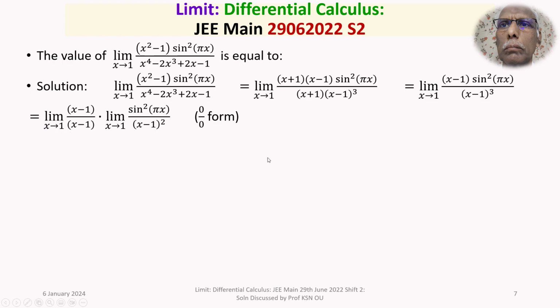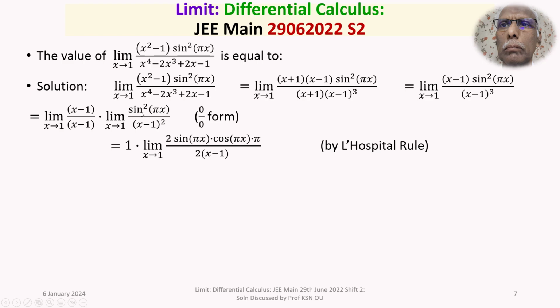And the derivative of the numerator, sine square pi x, is 2 sine pi x into cos pi x into pi, by the derivative of the denominator, that is 2 into (x minus 1), by L'Hopital's rule.